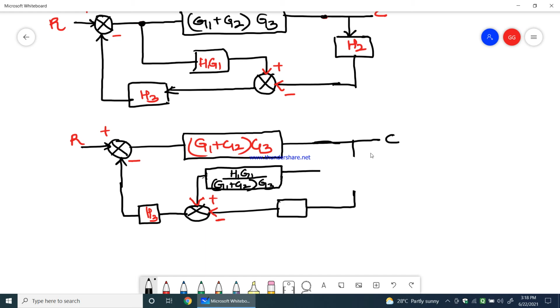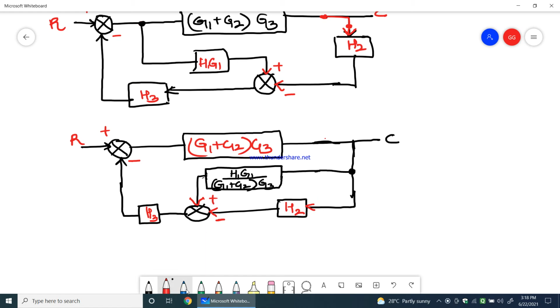I'll write H2 here and I'll connect this to this point. See, connecting here or here, all these are the same point, right? So I have connected here and coming to H2, and that H2 is given to this summing point.